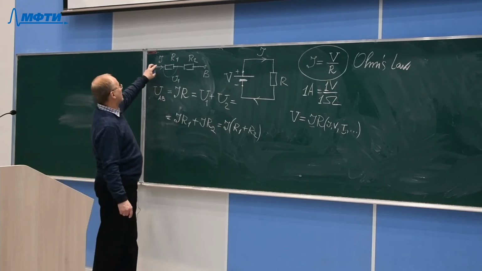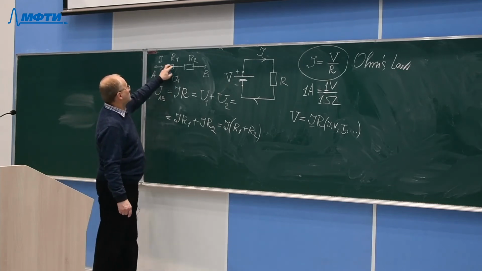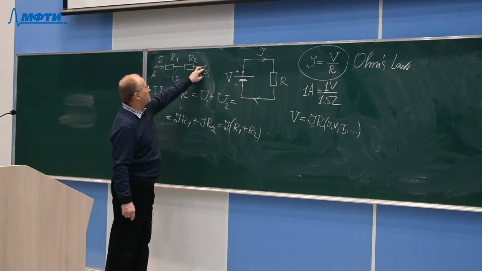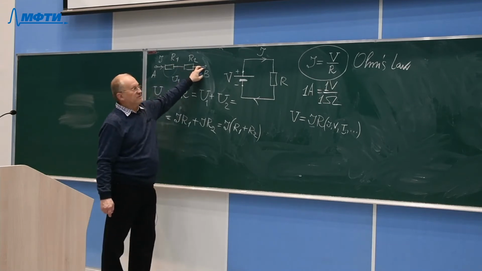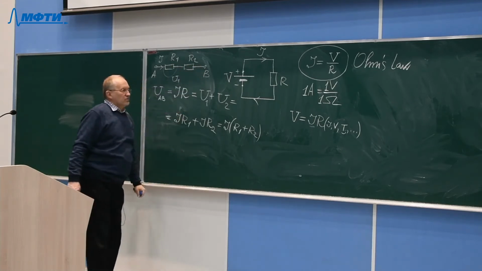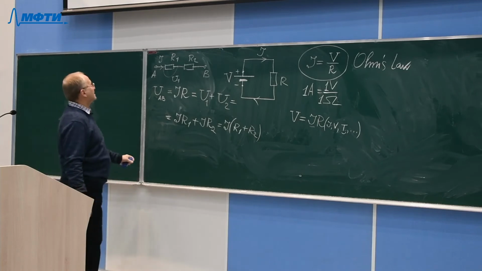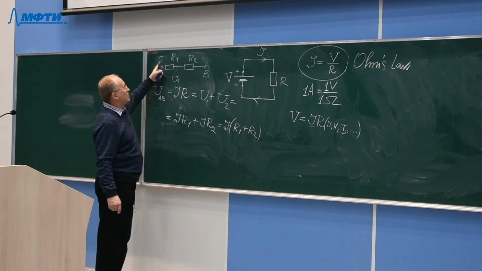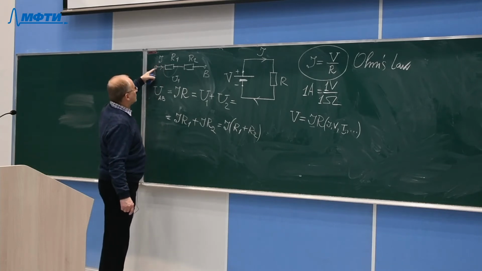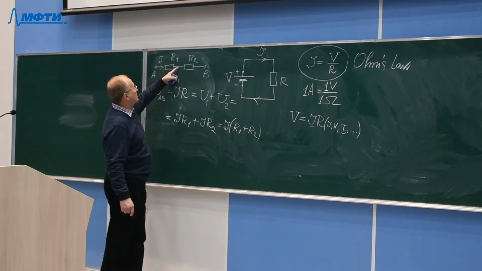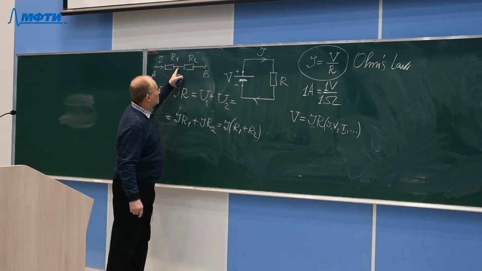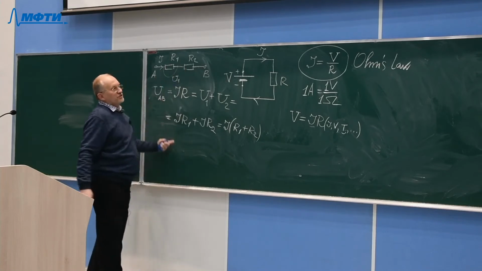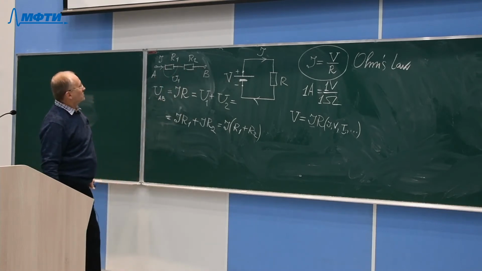If some electric charge went through the first resistor in a unit of time, then the same charge should go through the second resistor in the same period of time. That is because we consider constant electric current. Then the charge which went through the first resistor will be equal to the charge that went through the second resistor during the same period of time.